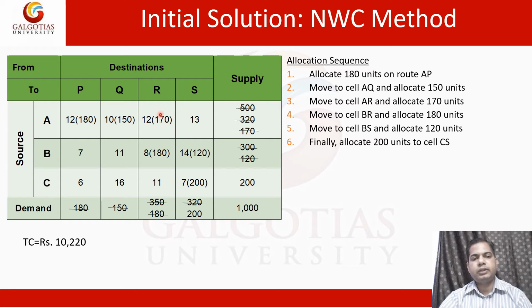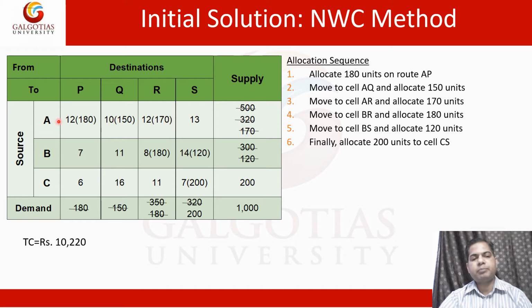At this point the demand of Q is 150 and the supply of A remains 320. So we give 150 as the maximum possible units from A to Q. After this the demand of Q is fulfilled, but the supply of A remains 170. Now R is the left uppermost corner of the remaining table. The demand of R is 350, but A can supply only 170 units. So we give the maximum possible units, 170, from A to R.